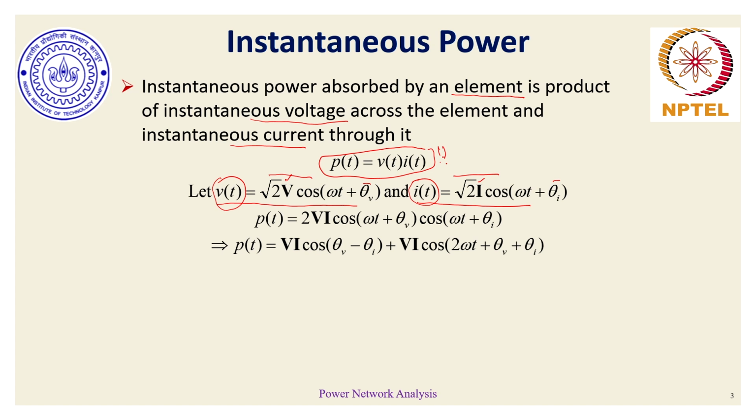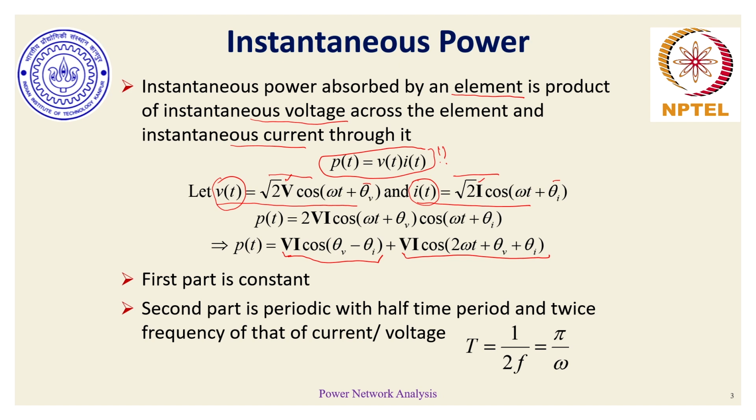Having defined these expressions for voltages and currents, if we put these expressions in the instantaneous power expression, we get an expression of this form where there are two distinct terms. The first term is a time invariant term, whereas the second term is dependent upon time. And this second term has a frequency which is twice the frequency of the actual voltage and current waveforms, and essentially its angular frequency is 2 omega.